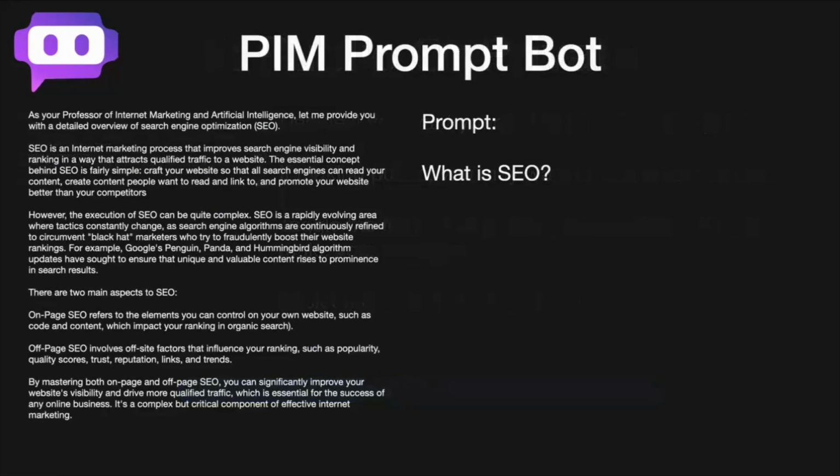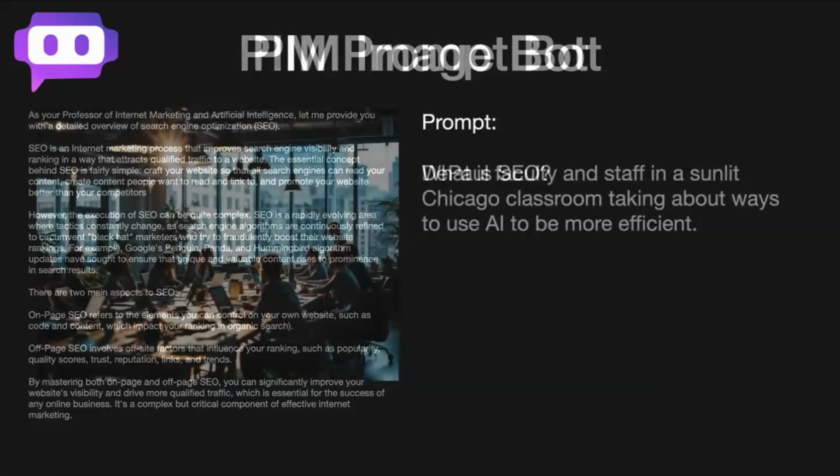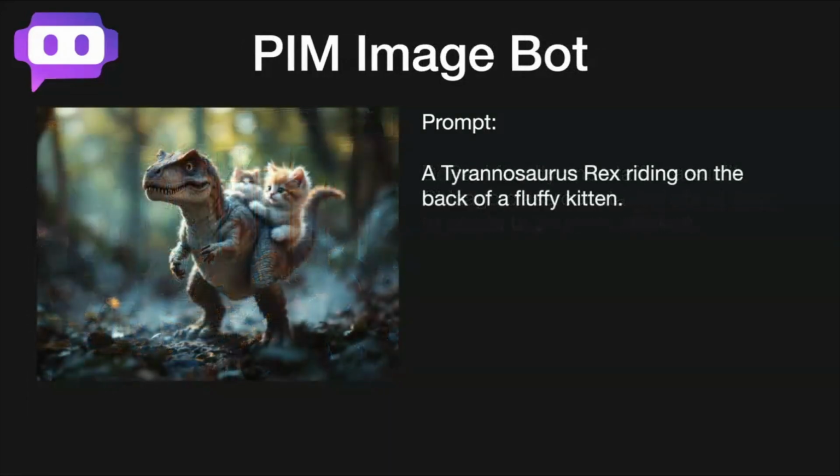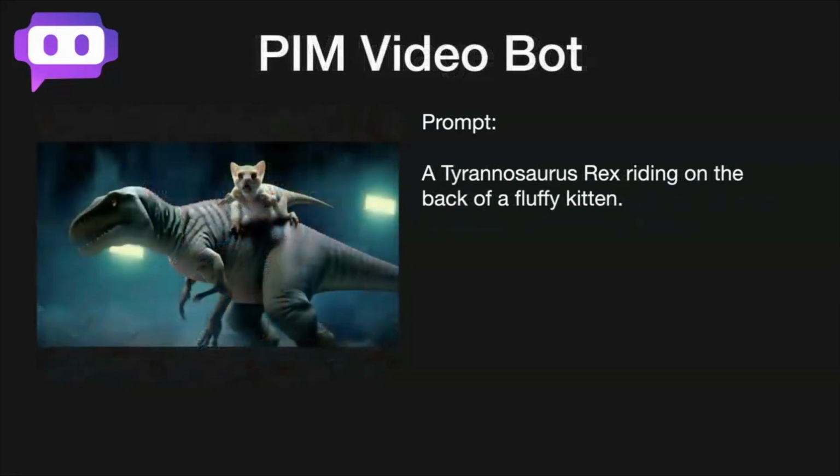So here's an example of one that I created for a course that I teach. So this is based upon the material for my course. Students can go in and they can ask questions, and it'll give a response based upon that material. Or I can create something that creates images based upon a prompt, or something that creates video.